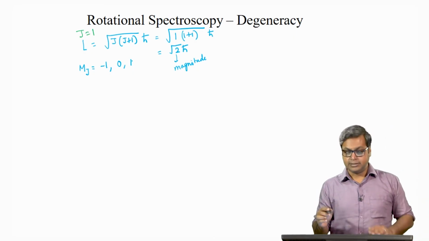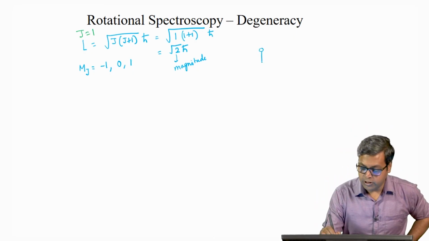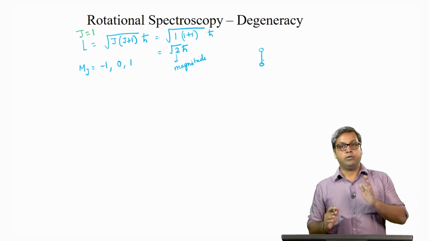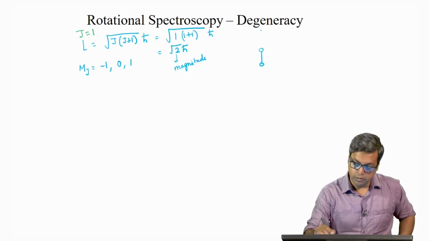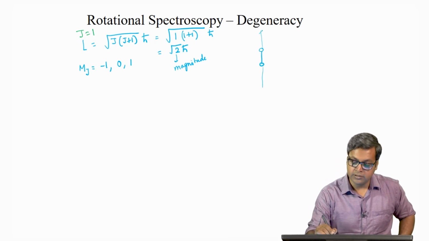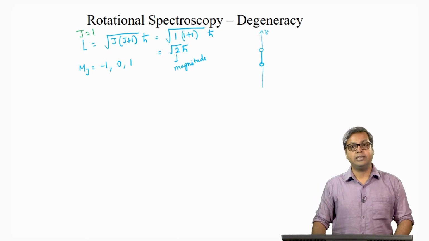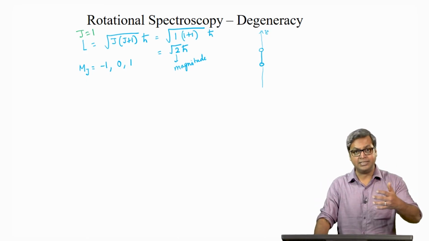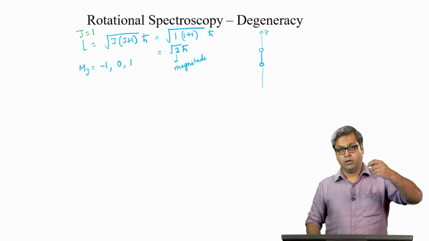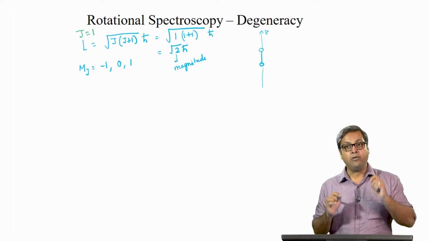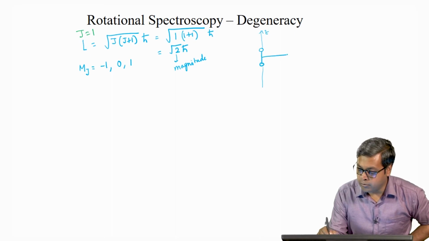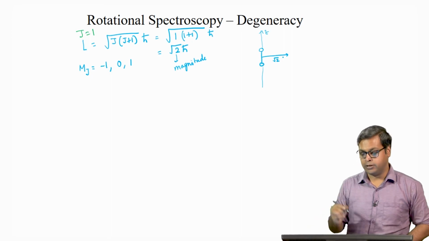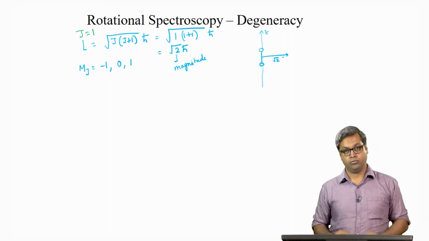So, let us take the diatomic molecule which is initially oriented in that vertical direction, which is our z axis. So, let the reference direction, that is the z axis, be along the molecule. So, the L or the angular momentum vector is oriented perpendicular to the molecule and the magnitude of L is root 2.